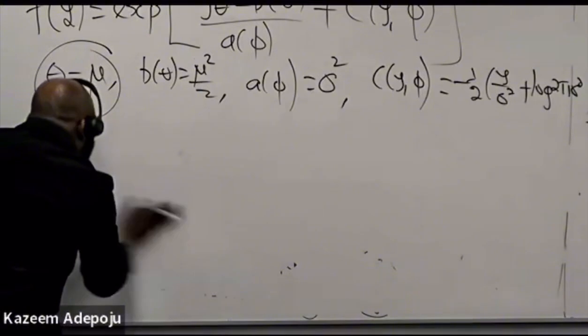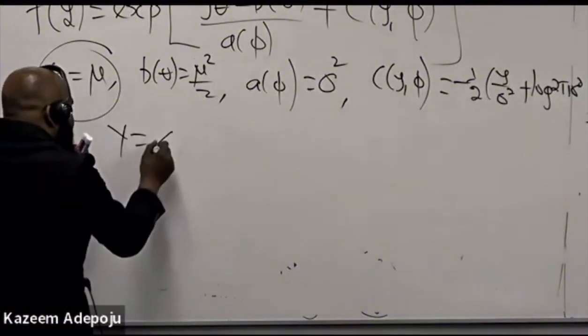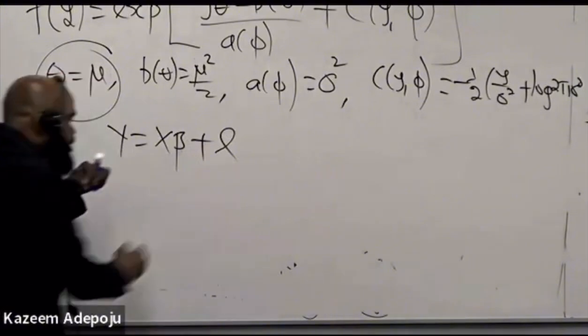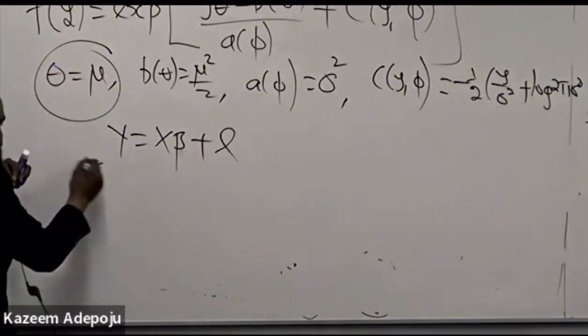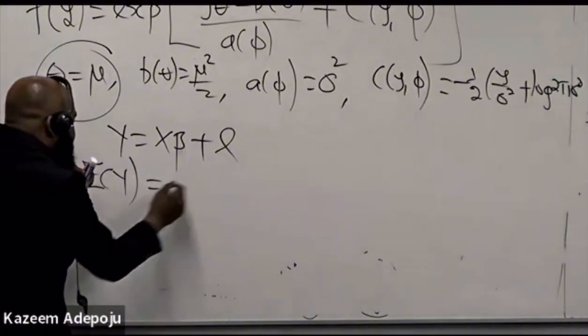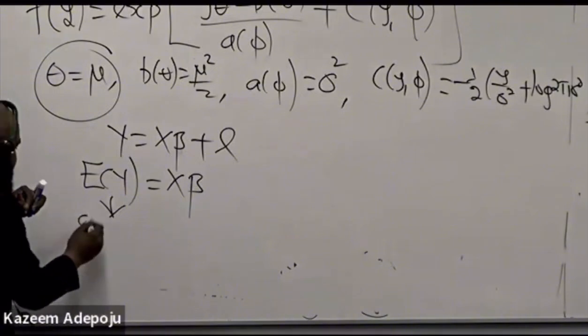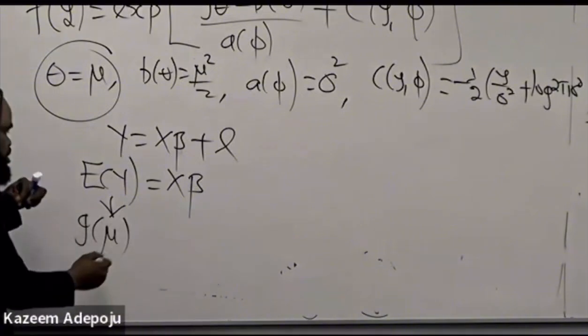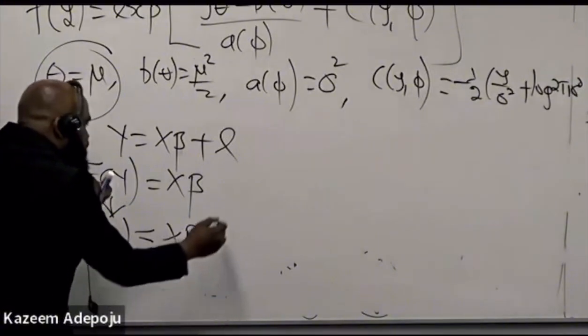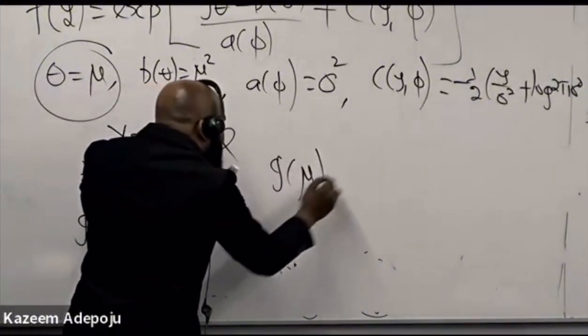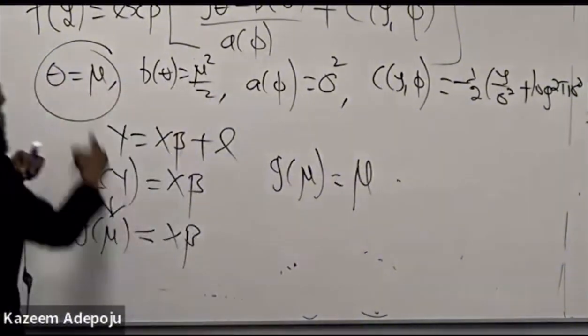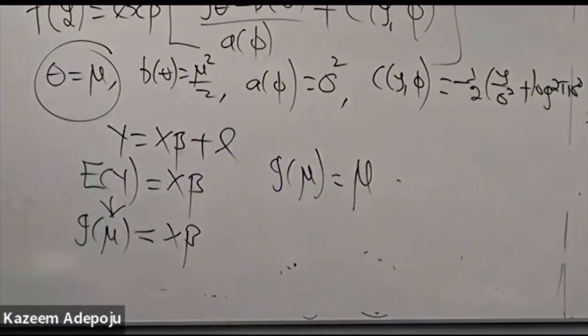So right now, where I have x beta plus the error, the mean expected value of y is equal to that. Now, this expected value of y is g of mu, and the g of mu that we have obtained is the mean itself. So this is for the normal distribution.